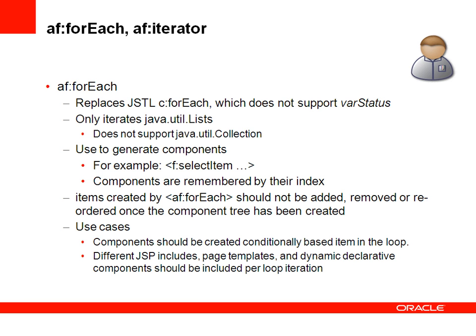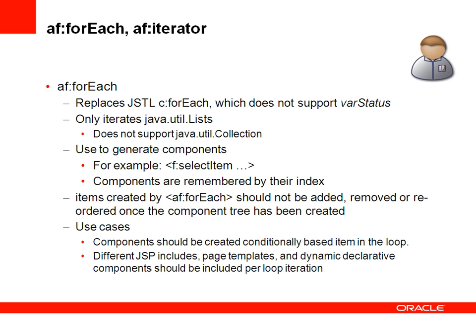So if you want to hook up to a collection, you first have to transform the collection into a list, because otherwise it won't work. Usually you use this AF for each component to generate the content of a select list. So if you dynamically want to compute the f:selectItem for a select list, then you iterate in an AF for each just over a list of items.